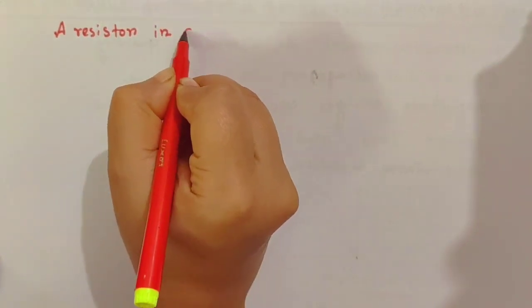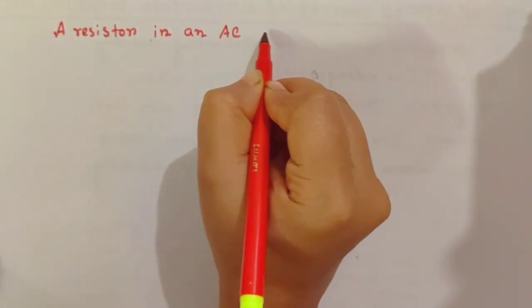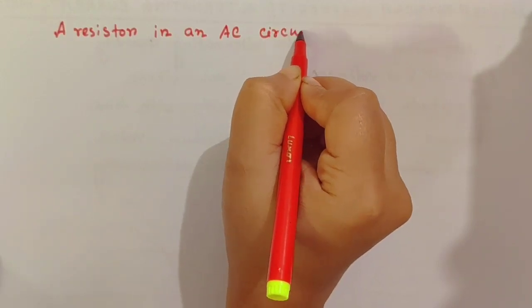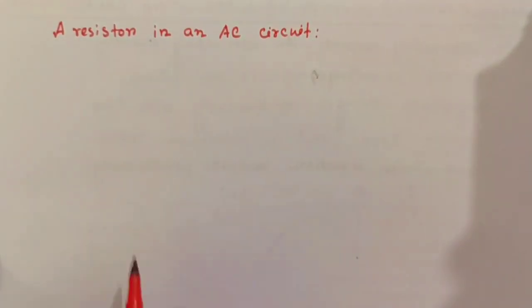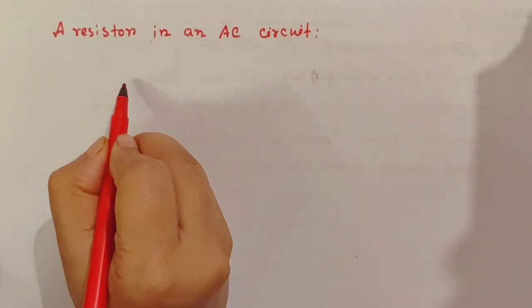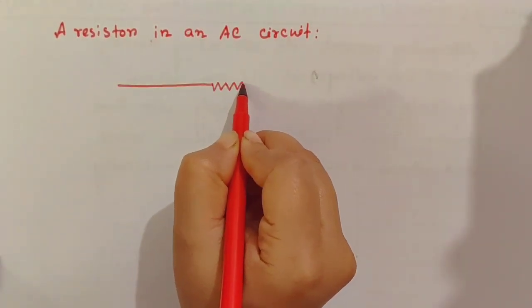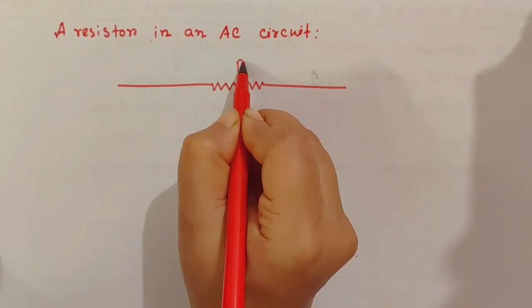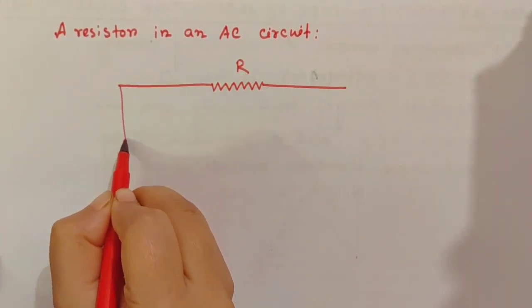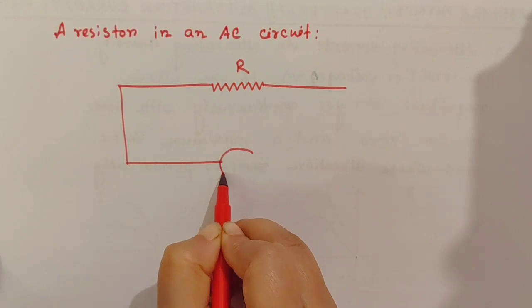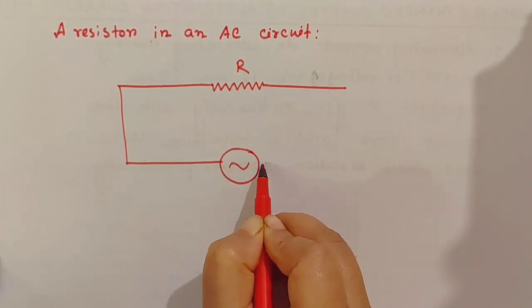Okay, so now we will discuss a resistor in an AC circuit. For this we have to draw one diagram. So this is our resistor R, then it is connected with a source, variable source.